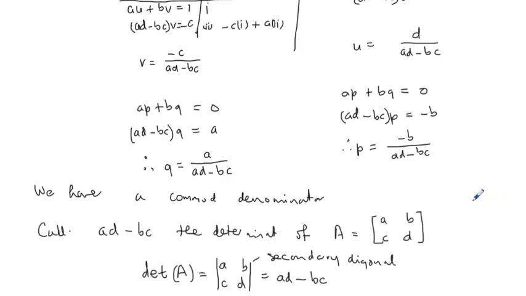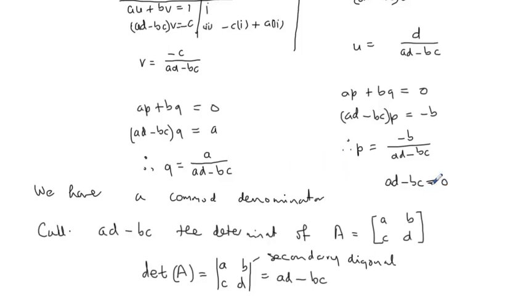There is a condition, otherwise this thing we're talking about, the inverse, is not going to make sense. What is the problem? If AD minus BC is equal to 0, then this entity is not defined, and the inverse matrix is not defined.